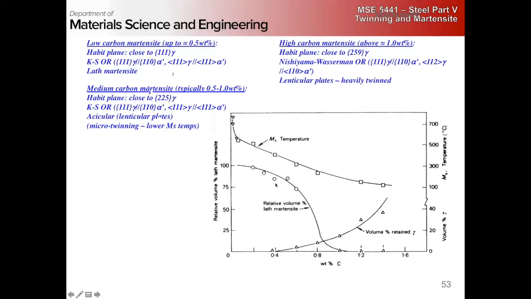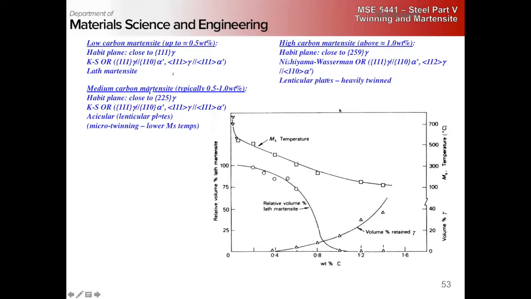And we transform from a slip martensite to a twin martensite. And at high carbons, we're very heavily twinned. We have lenticular plates rather than needle-like laths. And we've transitioned to near this Nishiyama-Wassermann orientation relationship.